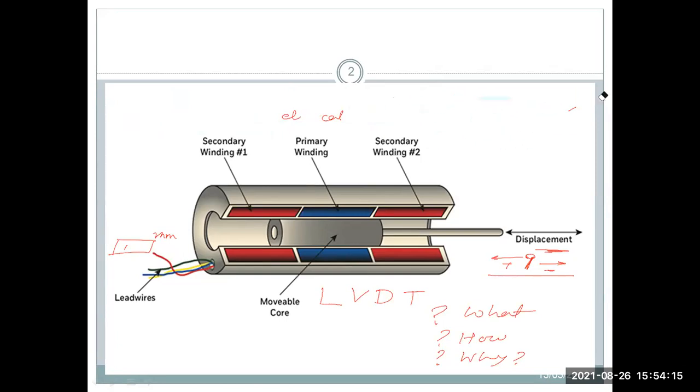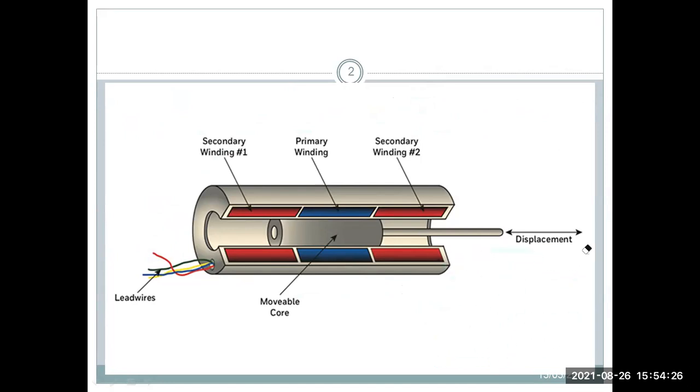And one more thing, there is a division of the transducer: primary transducer, secondary transducer, active transducer, passive transducer.